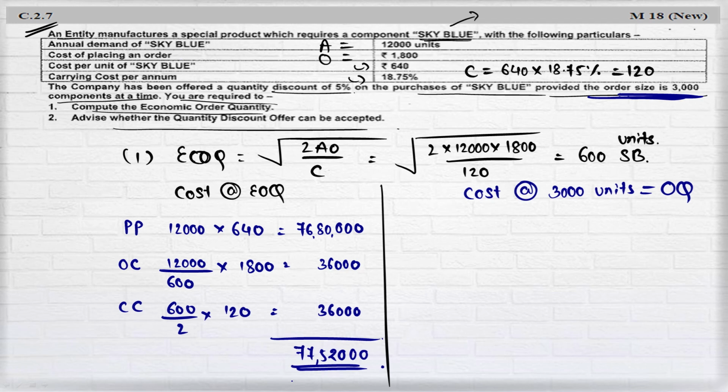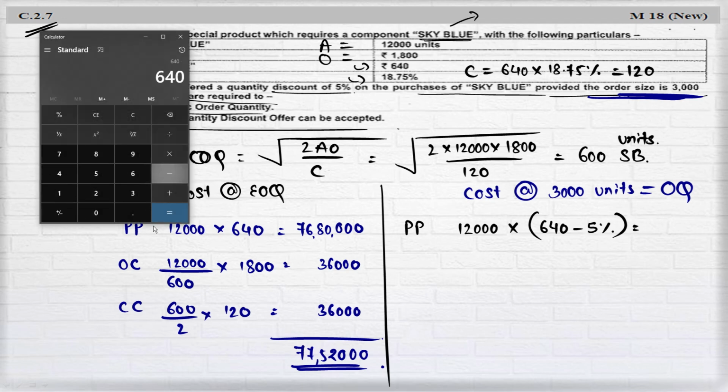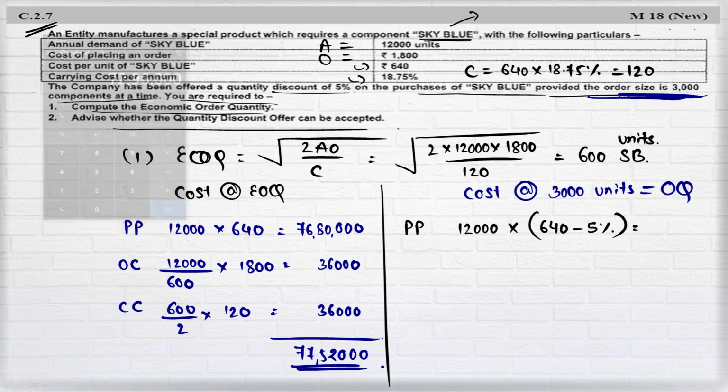If you order 3,000 units at a time, your purchase price will be 640 minus 5%, which is 608 rupees, multiplied by 12,000: 72 lakh 96,000.